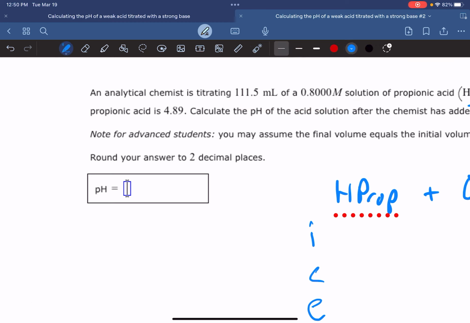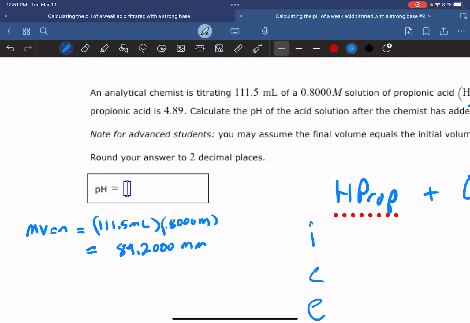And the way we're going to do that is, since we know that molarity times volume equals moles, we know that 115.5 milliliters, I did this a little bit backwards, should have put the molarity first, times 0.8000 molar. We multiply that out, we end up with 89.2000 millimoles.